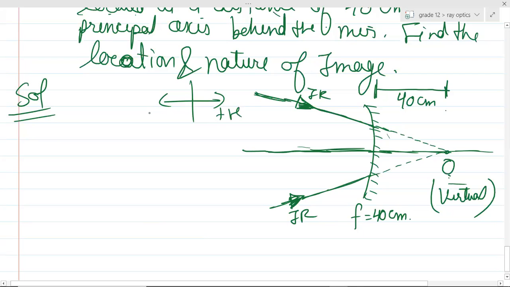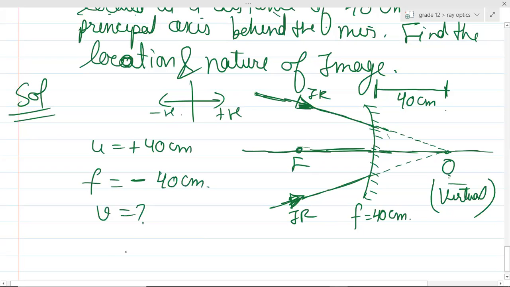So u will be plus 40. What will be f? f will also be plus 40. Wrong. Can you see the concave mirror I have taken like this? The focus lies somewhere over here. It'll be negative 40. Sorry. And v is what you need to find out.